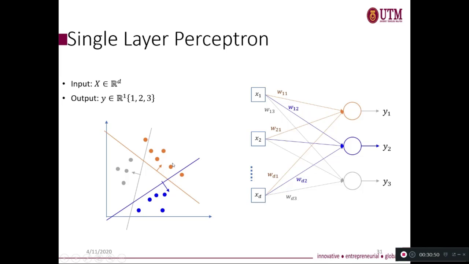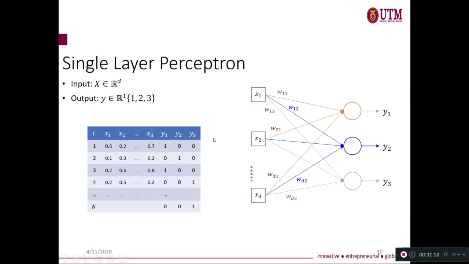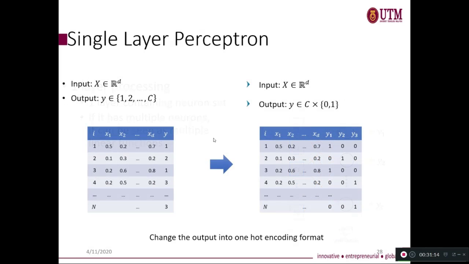Imagine if you have a huge number of neurons, then you have a huge number of boundaries combined together, and it can solve the data even when there is a non-linear relation between the input and the output. That is the power of an artificial neural network as compared to a single neuron.